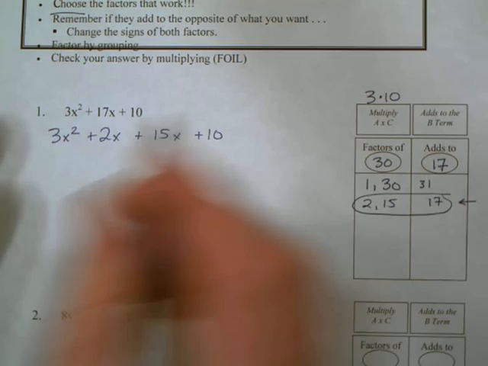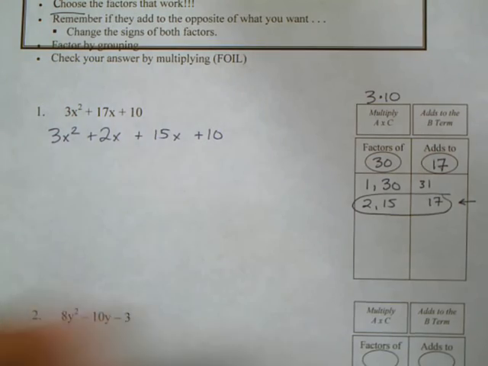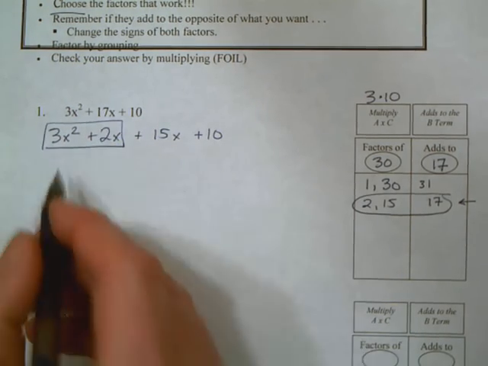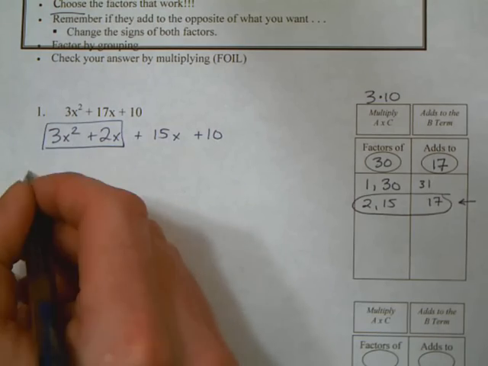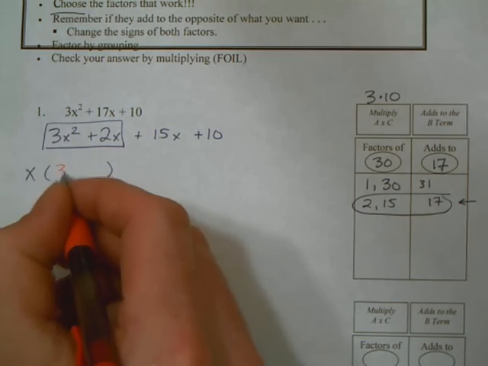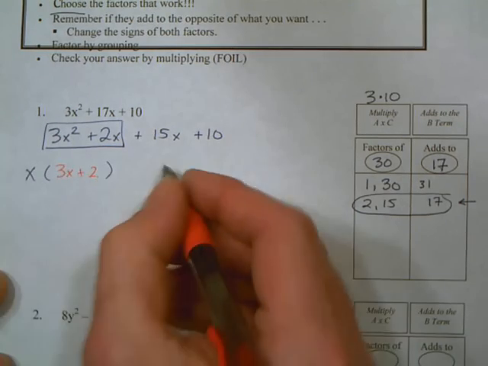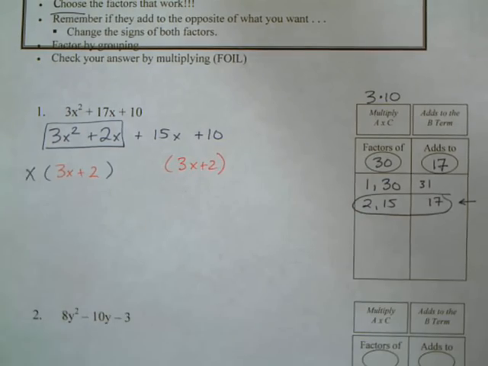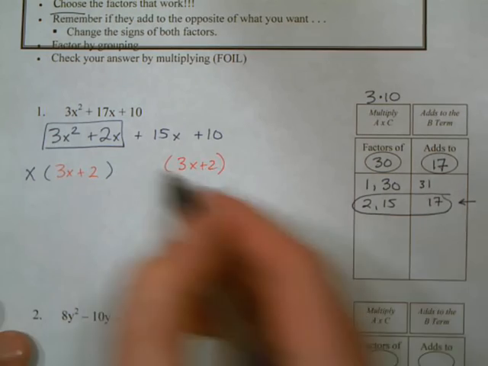And there they are. Just like before, we're going to find the GCF of the first two parts of our problem. The GCF of 3x squared and 2x is just an x. What's left on the inside? 3x plus 2. Our 3x plus 2 once again goes to the back.